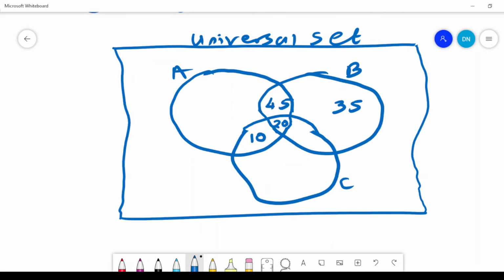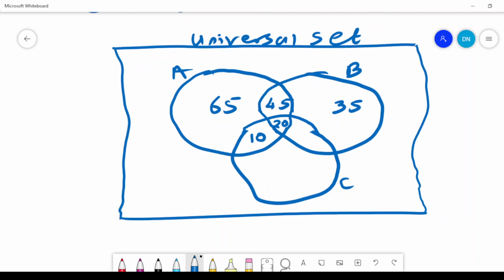The other information we have been given at the beginning of the question is that 140 watched station A. Out of 140, we already have 45 plus 20 plus 10, which is 75. 140 minus 75 gives us 65. For B, we are told 100 watched station B: 45 plus 35 is 80, plus 20 is 100.